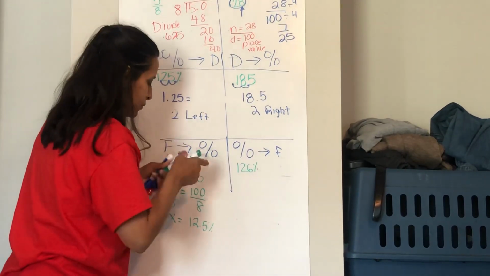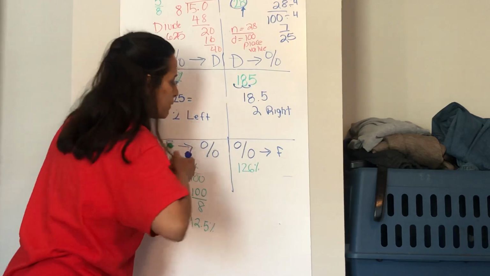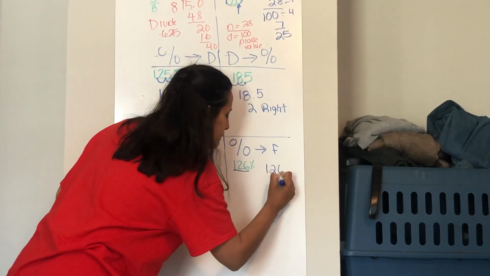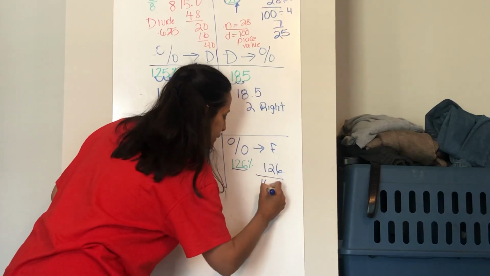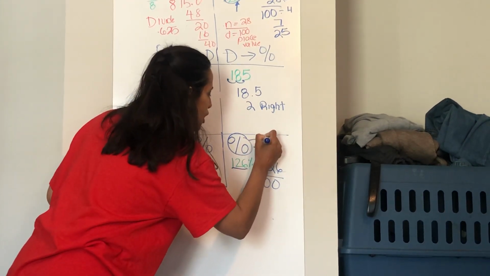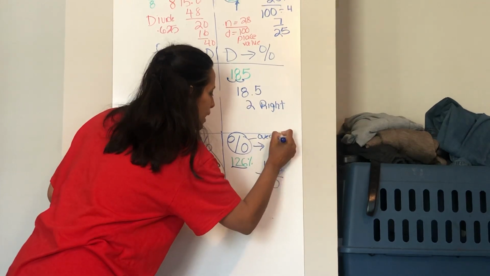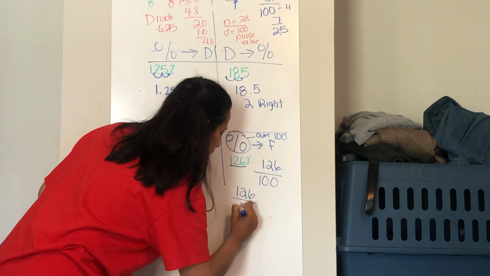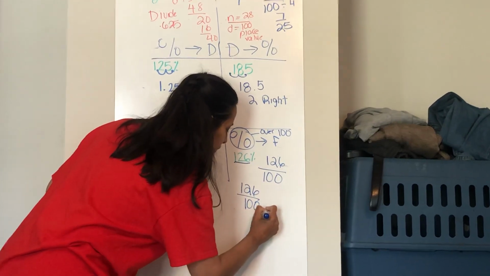Okay? The last one, we're going to take this percent and make it a fraction. So it doesn't matter what you do, it's always going to be 126 over 100, because a percent always means over 100. So I'm going to take 126 over 100.